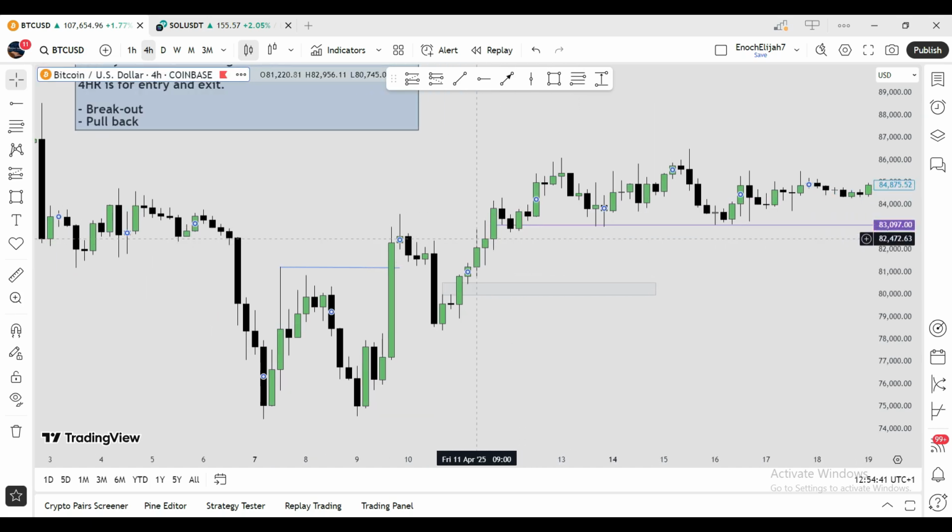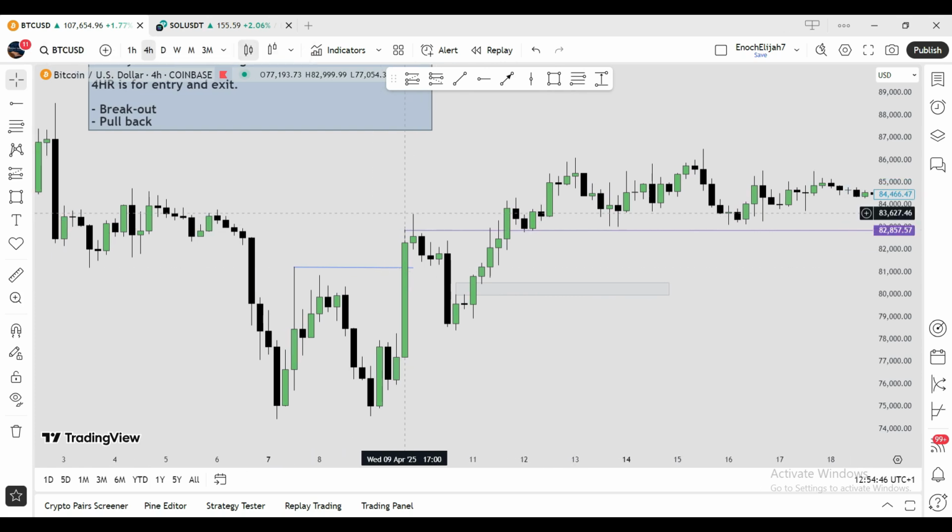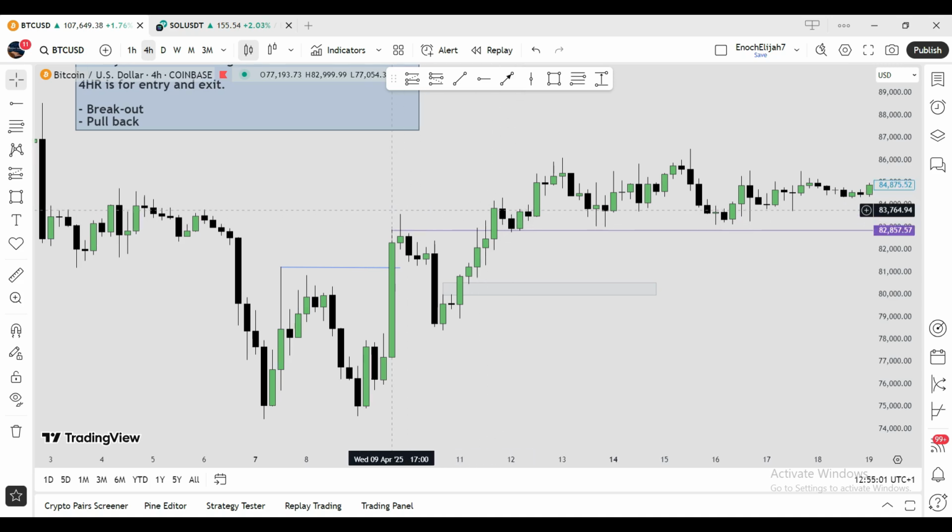It will trace back to this old high on the left side, which serves as support. Price bounces off it and reverses. Now this is a bearish candle. The next candle was a bullish one and it began to trade above this bearish candle. Once that starts happening, I will take a new trade again for long.